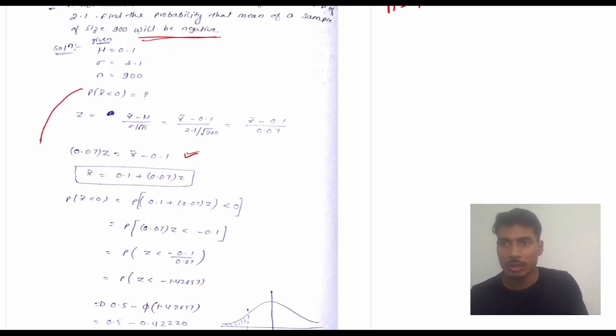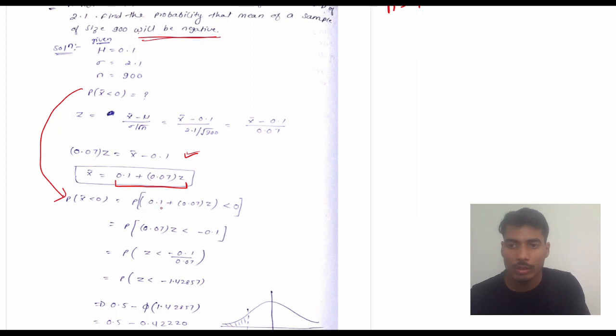Okay, now we have to find P equal to the probability of x bar less than 0. So in place of x bar, we can write this expression. So x bar equal to this, and less than 0.